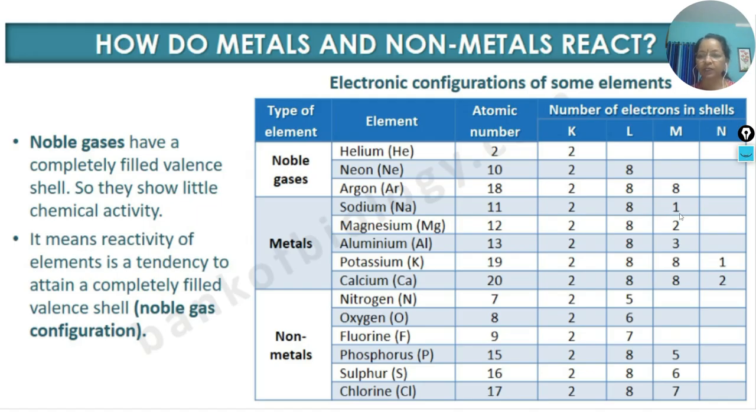If it gives out this last electron to somebody else, in the sense some non-metal, it will reach a state of 2, 8. That means it is almost near to the noble gas neon, 2, 8.